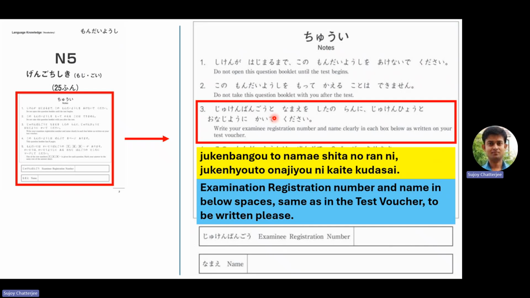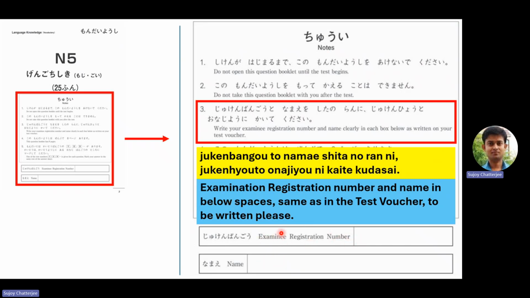Juken bango to namae. Namae means name, you all know. Shita means below or under. No ran ni. Ran means space. So shita no ran means below space. So this is again a particle. No particle you already know. So Juken bango to namae shita no ran ni means examination registration number and name in below spaces. So these are the spaces, examination registration number and name.